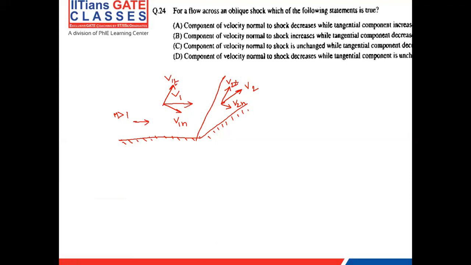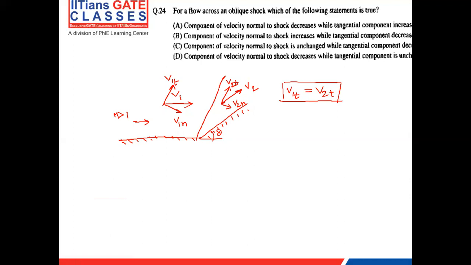Now we know from the properties of oblique shock that the tangential component of the velocity for both upstream and downstream of the shock remains constant. Right. So V1t would be equal to V2t. This is a very important property for flow across an oblique shock. The tangential component of velocity remains constant.